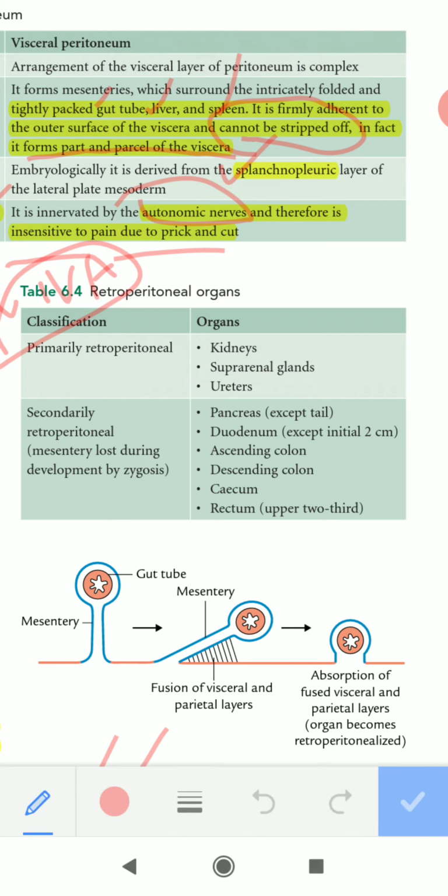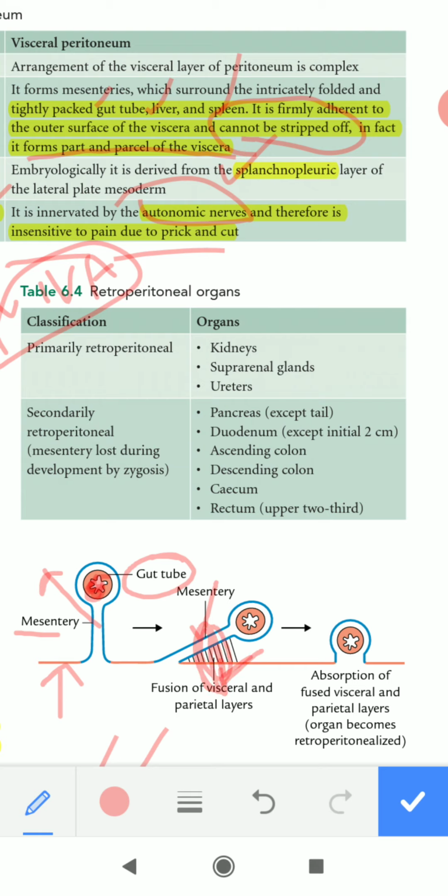It is a good picture of zygosis. At first, this is a primitive gut tube. That means embryologically there is a primitive gut tube. It is covered by the mesentery or fold of the visceral peritoneum, and the red color is the parietal peritoneum. As time goes on, the mesentery or visceral peritoneum and the parietal peritoneum become fused with each other.